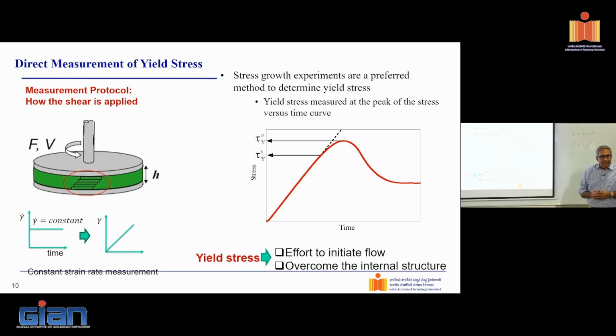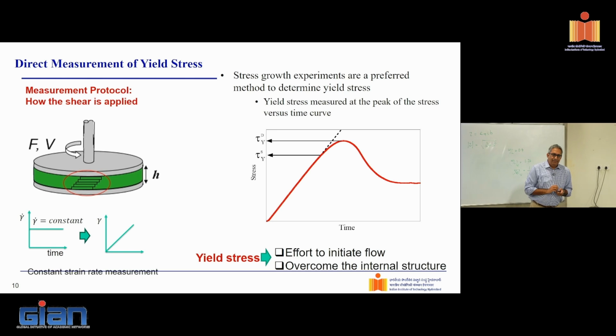So it's basically starting to behave like a solid, right? Now, there is a solid part of the response when I'm dealing with cement paste. And to induce flow, I have to basically go beyond a certain point, and only when I cross the yield stress does it start to flow here. So the initiation effort is what we call yield stress.